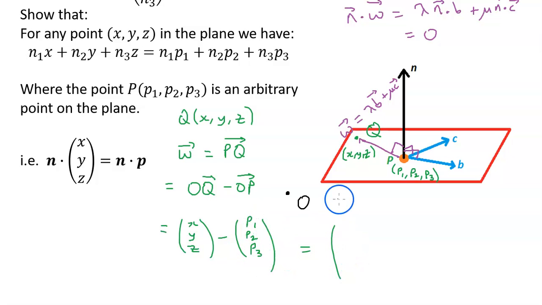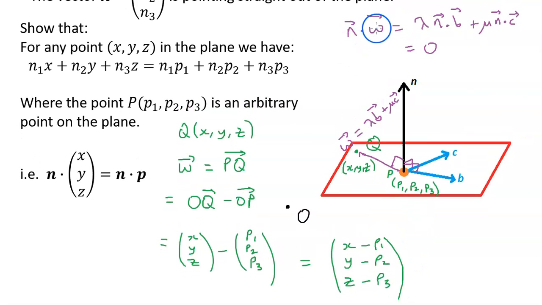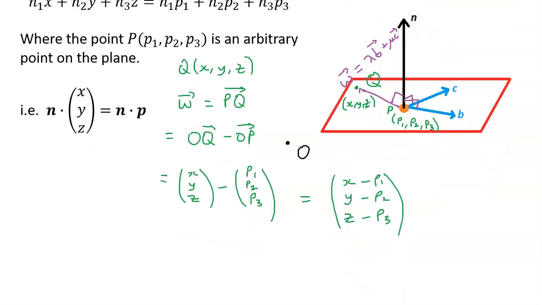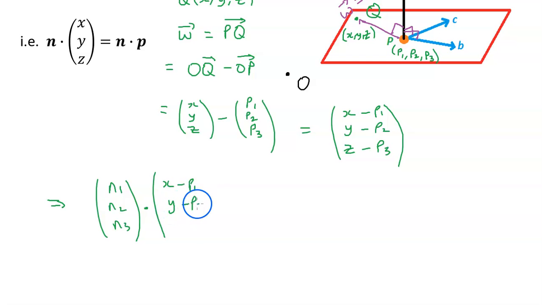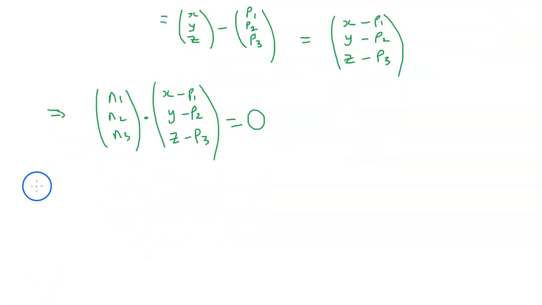So this is equal to the vector x minus p1, y minus p2, and z minus p3. Moreover, we have that n dotted with W is equal to 0. So that tells us that n1, n2, n3 dotted with x minus p1, y minus p2, z minus p3 equals 0. And from there it's pretty easy.